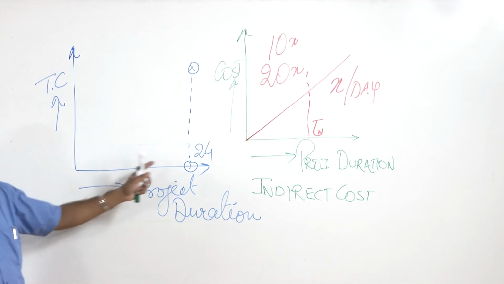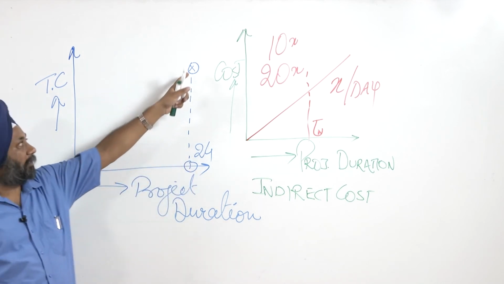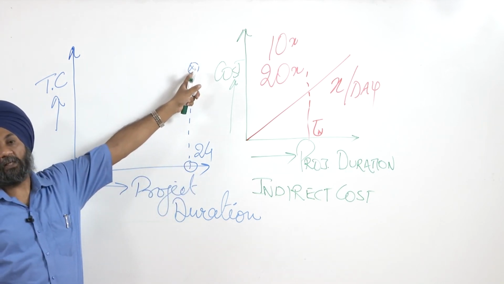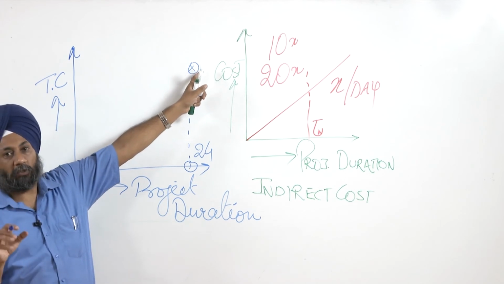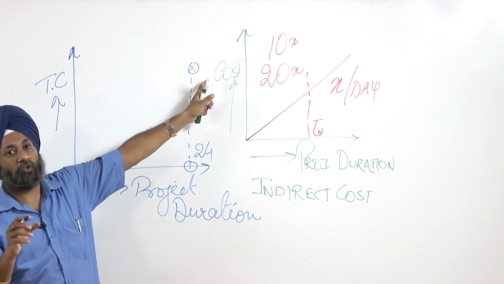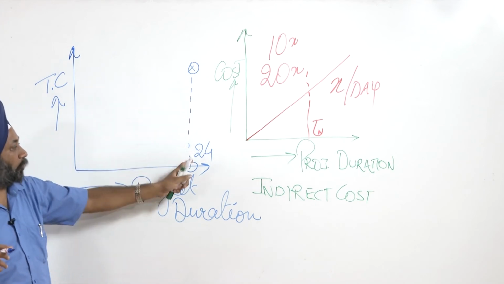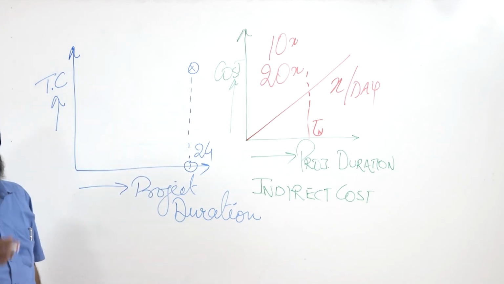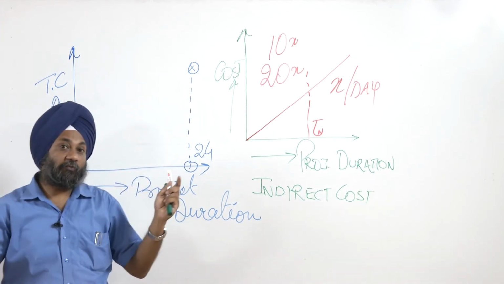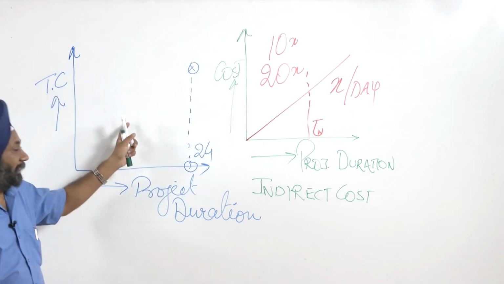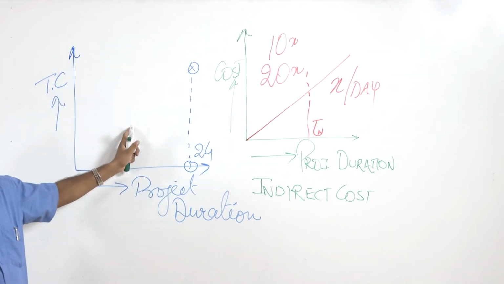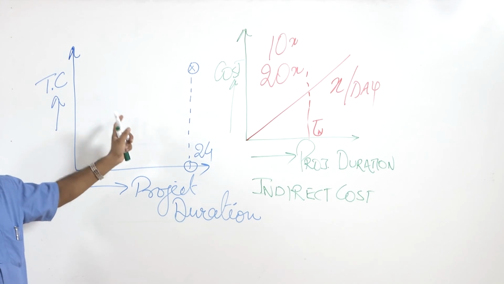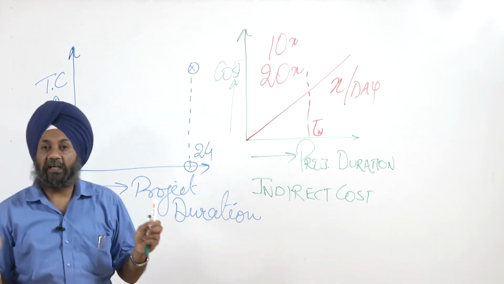So for 24 days we will do this calculation. This point is giving us the sum total of the direct cost and the indirect cost for 24 days. Now we will see what all activities we can crash, because the graph that I have drawn here earlier, a similar graph will be drawn for each and every activity.